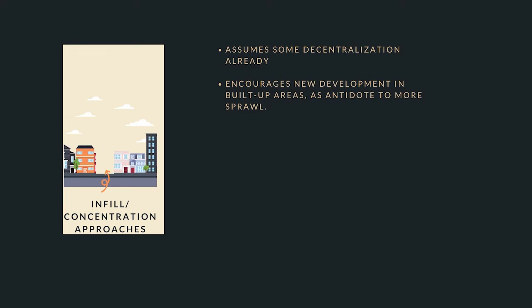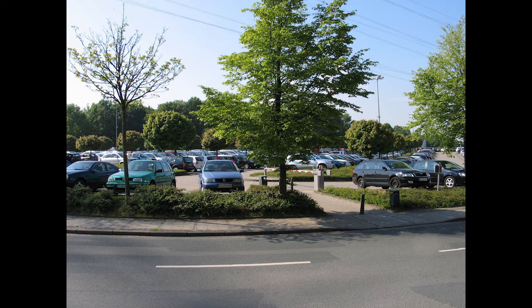Infill and centralization approaches presume that not everywhere in a given region or city has built to its maximum size or height or density. In the 1980s and 1990s, we used to assess the extent to which an infill and centralization approach could be feasible by simply looking at how many parking lots there were at grade, meaning on bare land, in a given core or central node of an area.